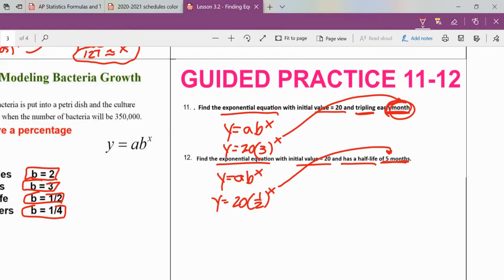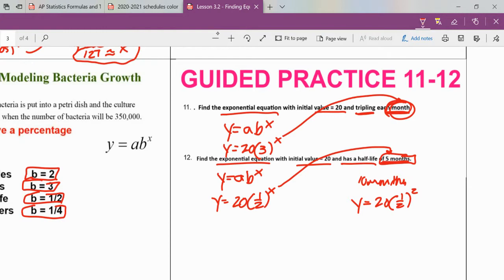So every 5 months. So that's where you'd have to look, like if it's 10 months, well, then, so here, let's do 10 months. What you'd have here is y equals 20 times 1/2 to the 2. So 10 months would be 2. So after 10 months, that's 2 of these intervals. Okay?